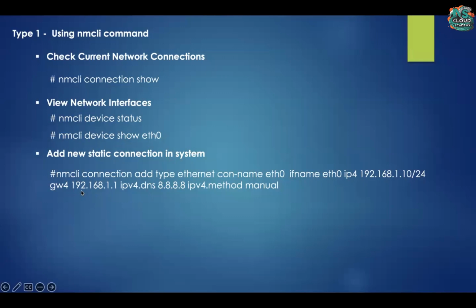And if you want to assign a gateway and DNS, you also have to run this command. So let's run this command and check how we can modify the connection, right? Okay, let me just copy the whole command.